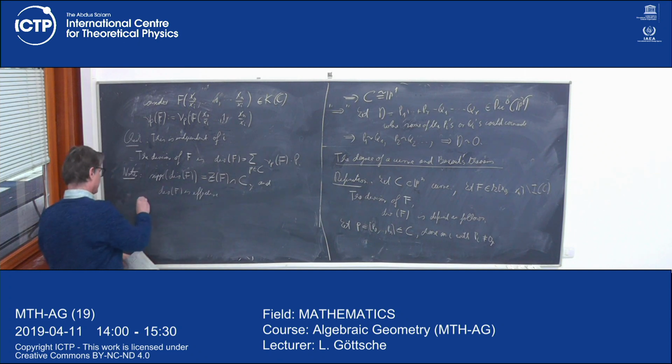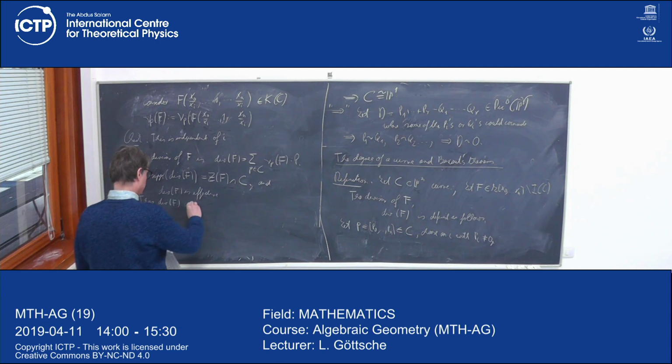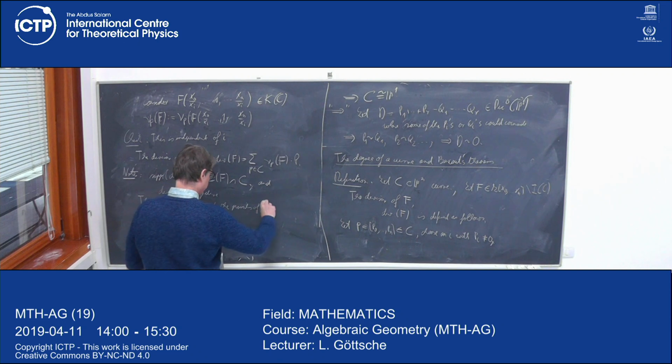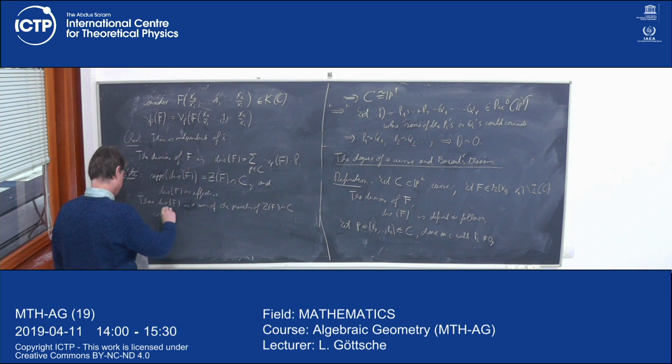So div f is the sum of the points of the zero set of f intersected with C, with positive multiplicities.